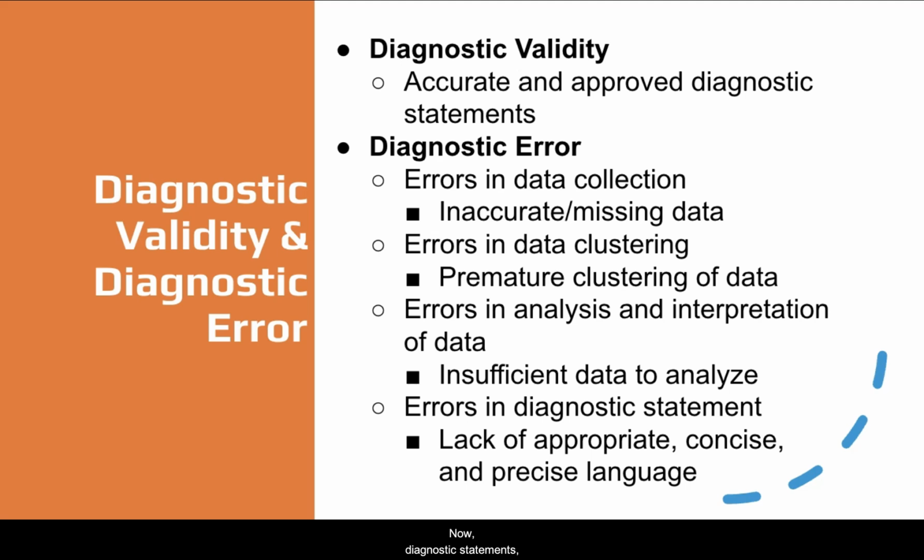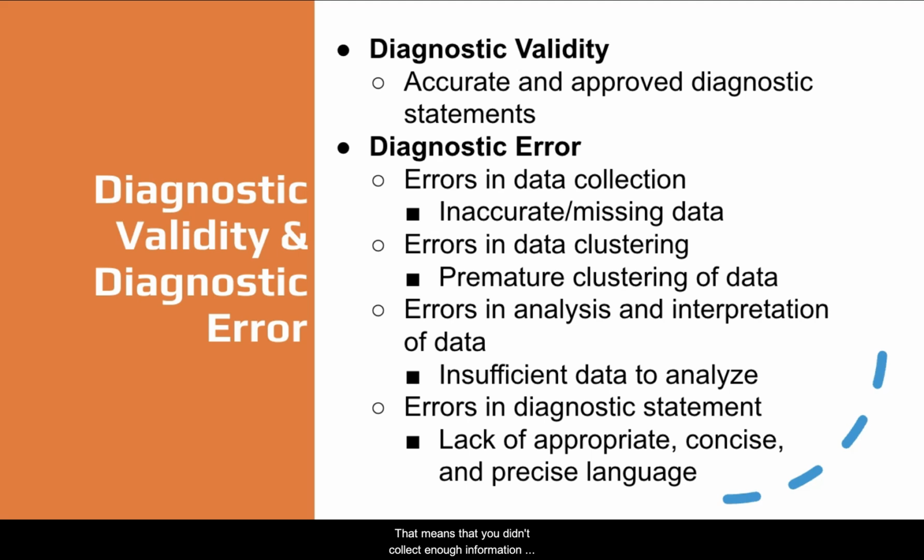Now, diagnostic statements, your diagnoses, can have errors, right? What causes these errors? It could be data collection. You have inaccurate data or you're missing data. So you might have to go reassess your patient and collect more data. Another reason why errors can happen is in clustering of the data and organizing of the data, right? And this can be because of premature clustering of data.